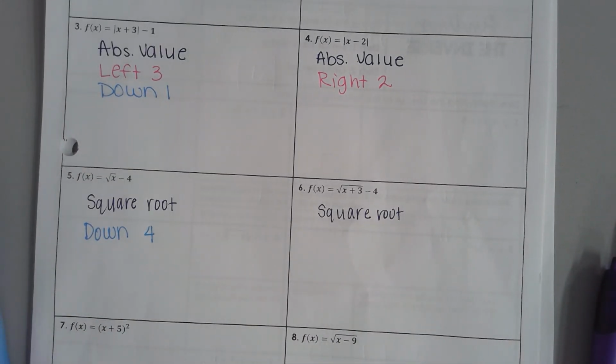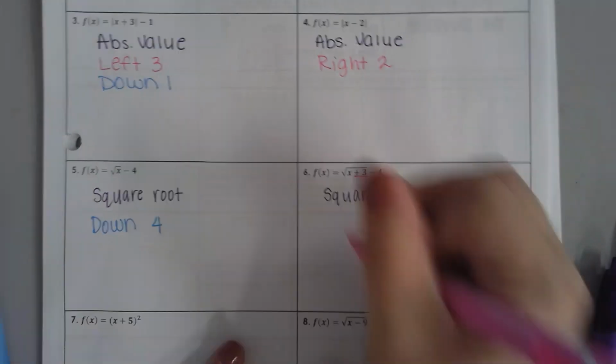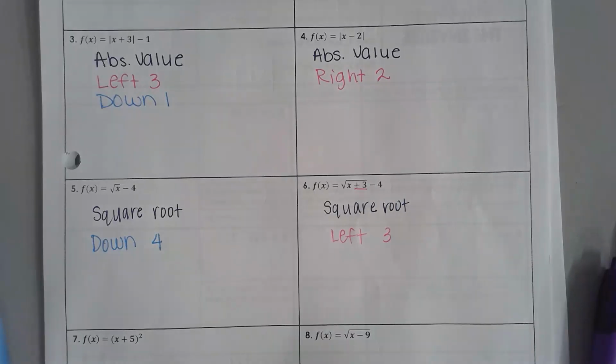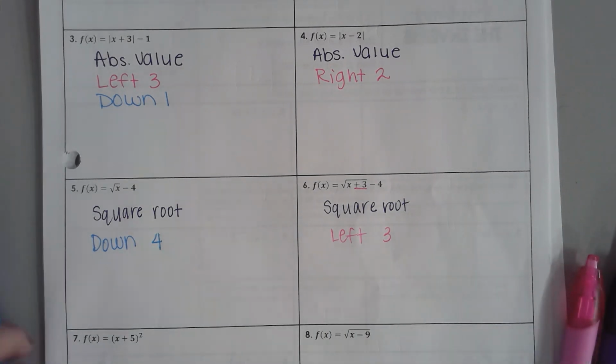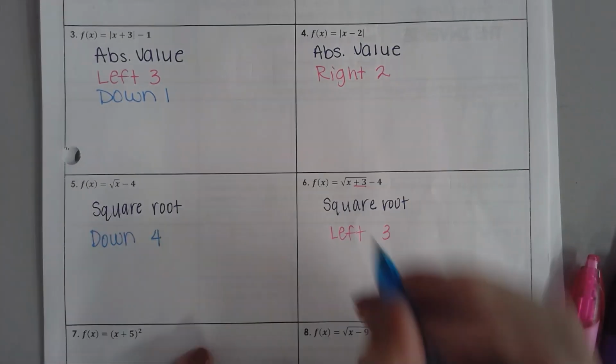Left 3. The plus adding on the inside moves it left, and it's left 3. And McKaylee, what's the other one? Right 4. That -4, look at subtracting outside. Down 4. Down 4. Good job. No, you're good.